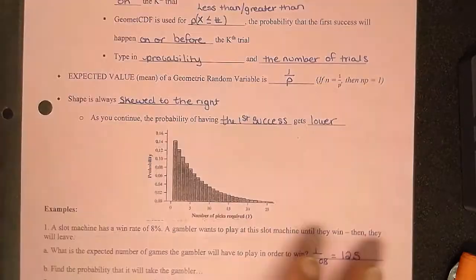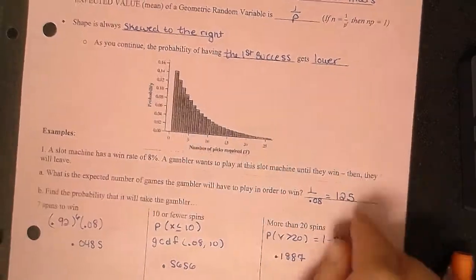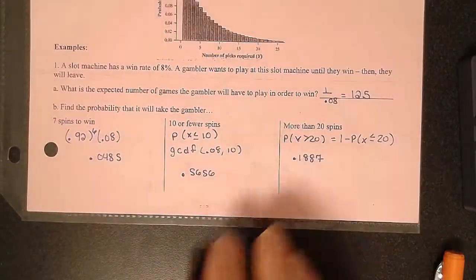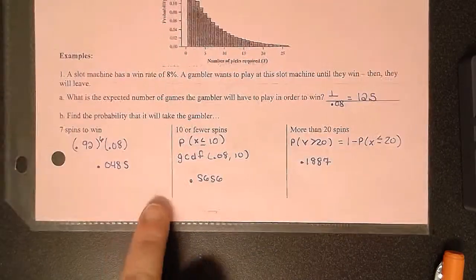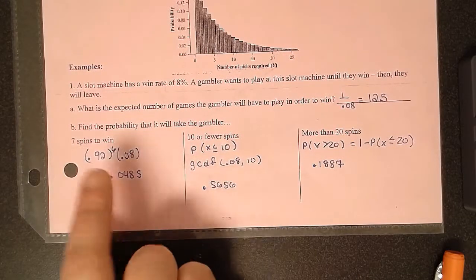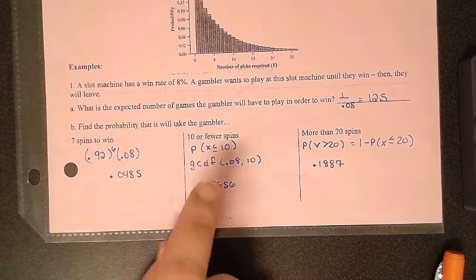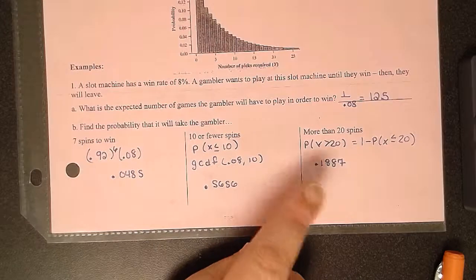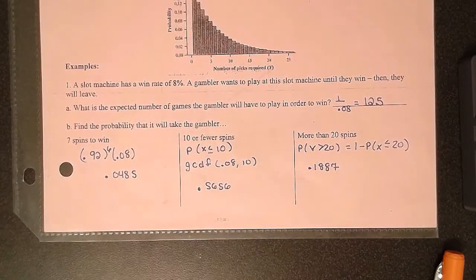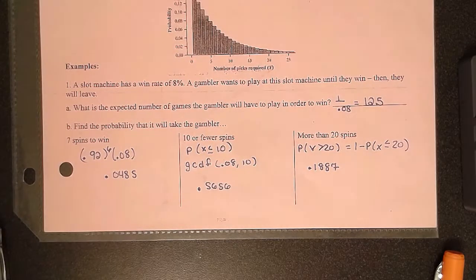This is all using geometric PDF or CDF on your calculator, but you could also do some of these manually, like I did right here. So geometric CDF here, and then I did this one as well. So take a look at those and definitely try to work on those with your calculator.